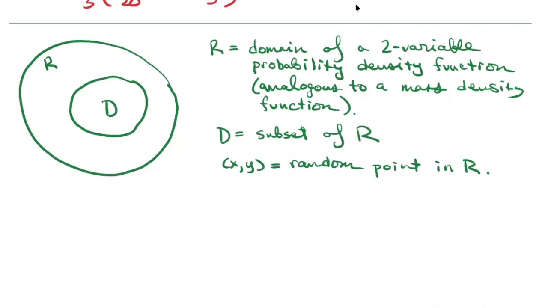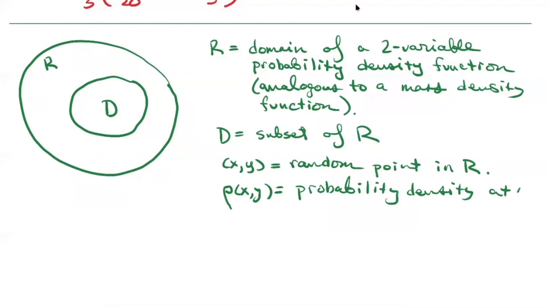I forgot about that. So I guess we're going to use a rho for this, because the rho looks like P, which reminds me of probability. So rho of (x, y) is the probability density at the point (x, y).